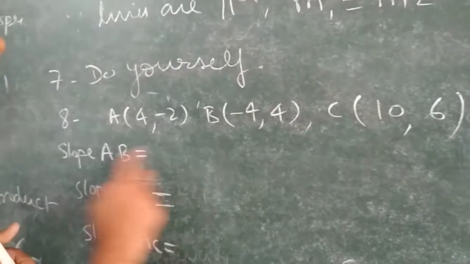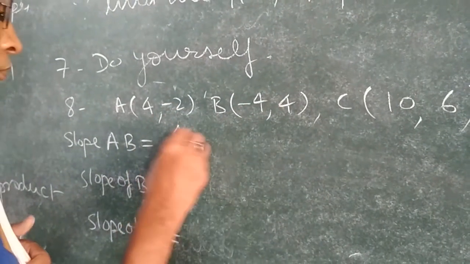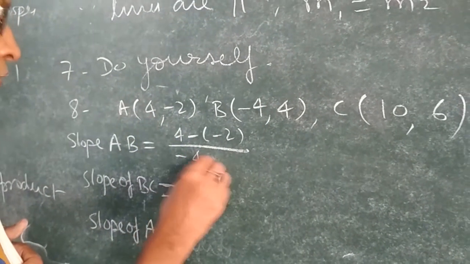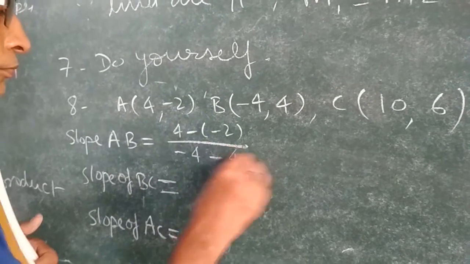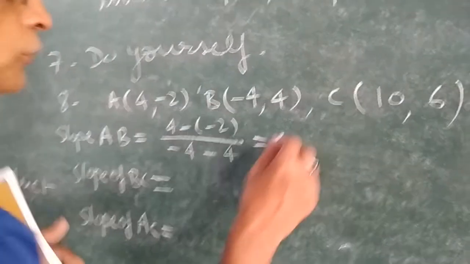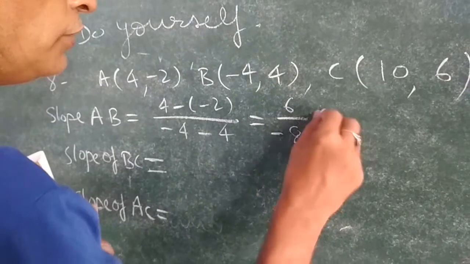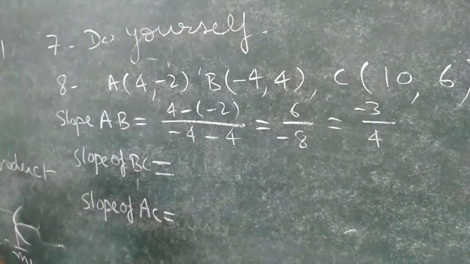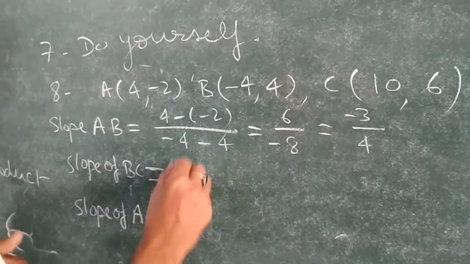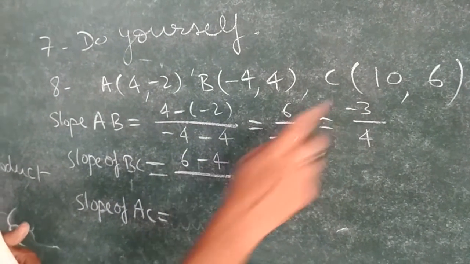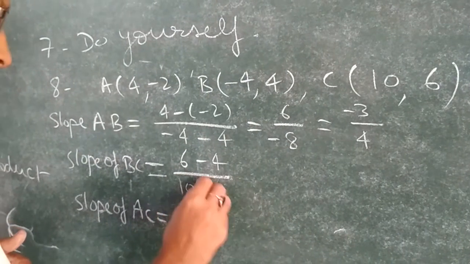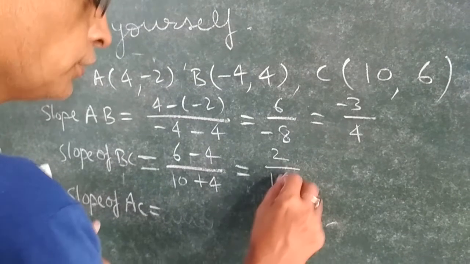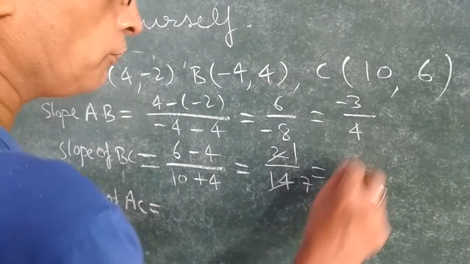So what is the slope of AB? 4 minus minus 2 upon minus 4 minus 4. It is 4 plus 2, 6 upon minus 8, minus 3 by 4. Now slope of BC: 6 minus 4, 10 minus minus 4. 6 minus 4 is 2, over 10 plus 4 is 14, so 1 upon 7.